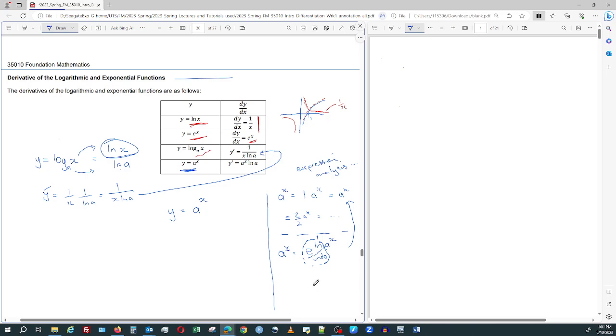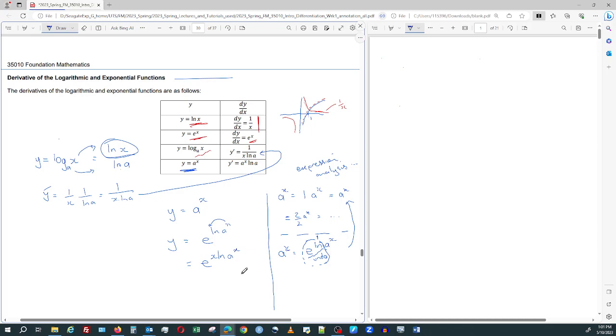Because what that means is that if we can rewrite this using this idea here, e to the ln a x, what we can do is use our log laws and pull this down here, and so we'll get e to the x ln a of x. So there you go.